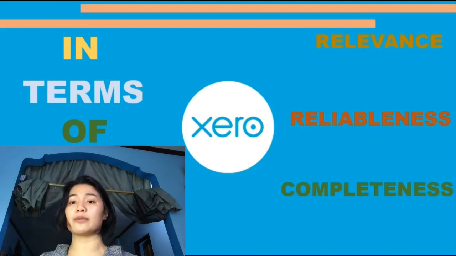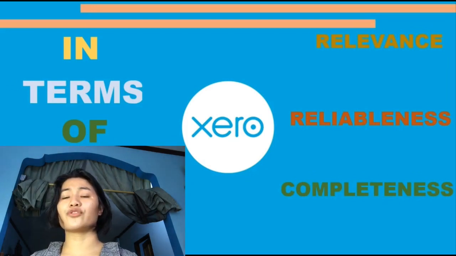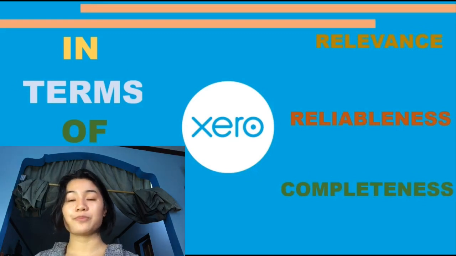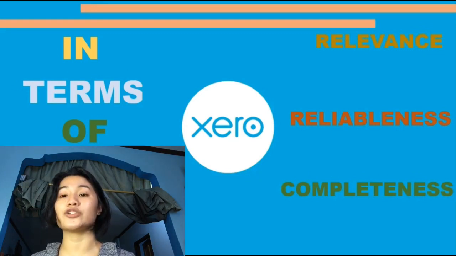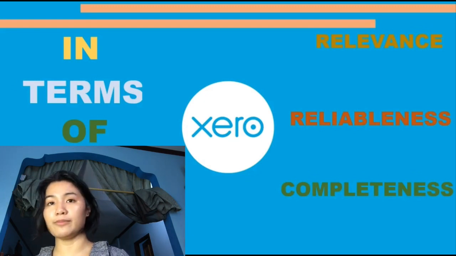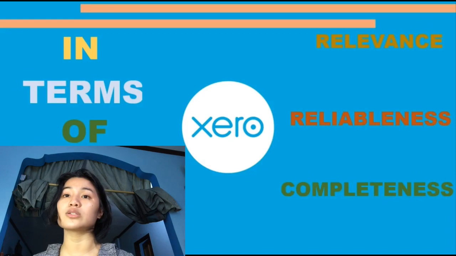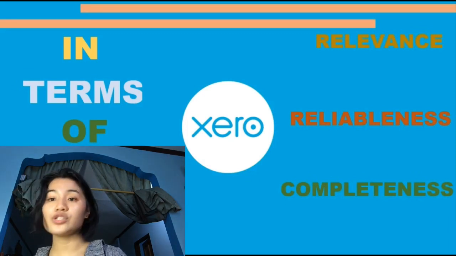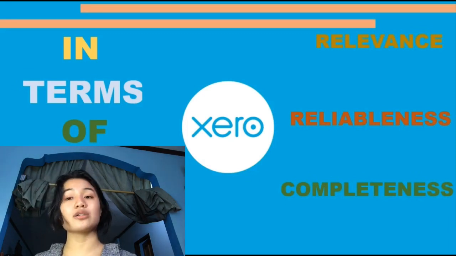In terms of reliability, Xero accounting software delivers high integrity accounting, such as Xero's wide range of security and detection measures, which enable tracking of who does what, and if issues are detected, alerts are raised.